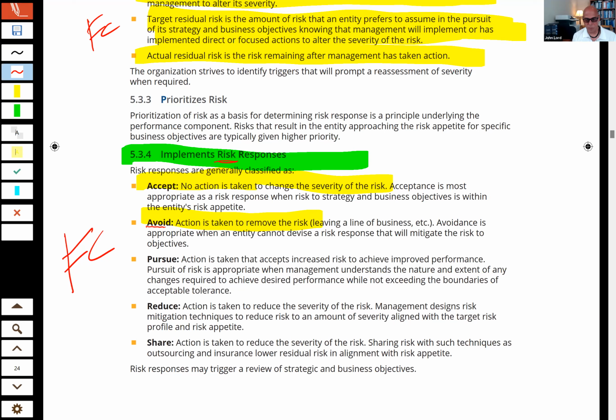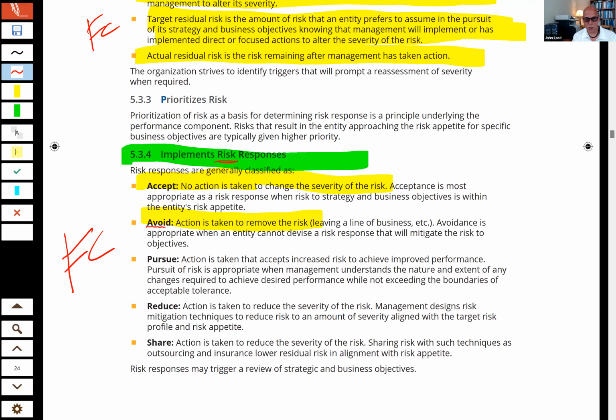Okay, for example, what happens? You drive a car. Well, what's the risk? The risk is injury, death, from driving a car. That's a risk that you deal with every day. The risk is that there'll be an accident.